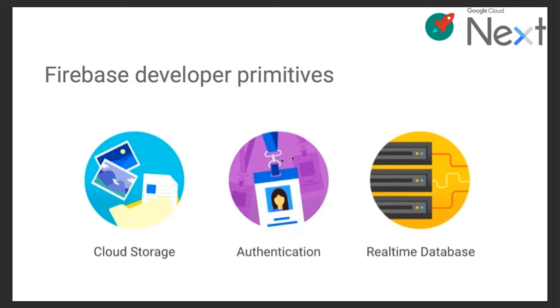These help us authenticate using complex authentication flows like OAuth, and also help us with session management. And finally, the most important part is the real-time database, which is essentially syncing JSON data across multiple clients at the same time. This is very useful because for applications like chatting, where you might have to pull data constantly, you don't have to do that.